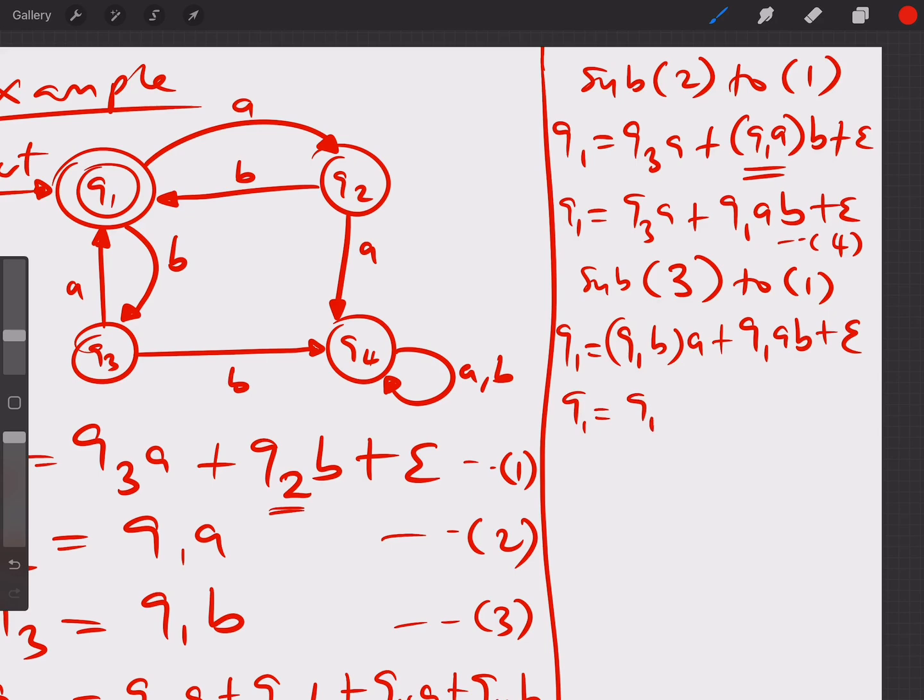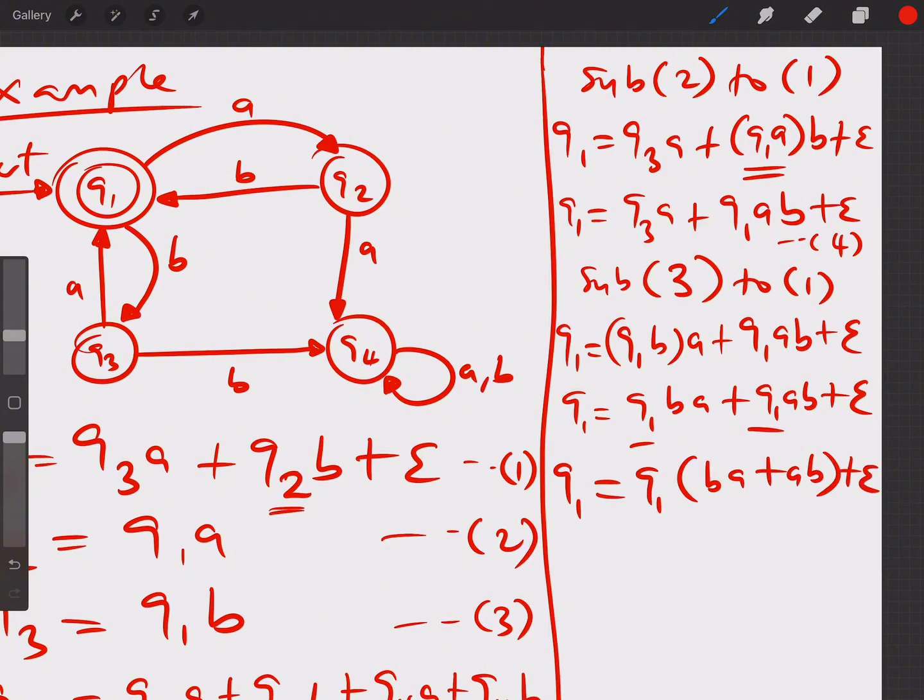Expanding that, we are going to have Q1 on BA plus Q1 AB plus this. There's something in common here. We can factorize that out. So we are going to have Q1 on BA plus AB plus the empty.